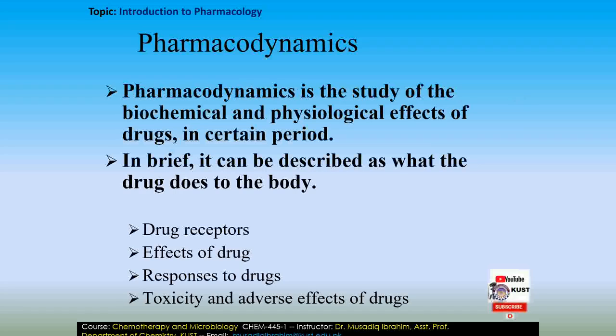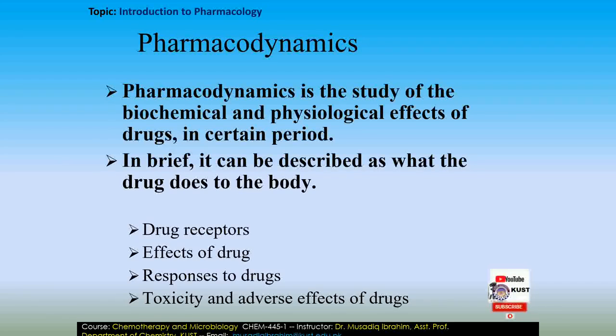So biochemical and physiological effects are described as follows. Biochemical is how the drug is interacting with the target bacteria or a part of the bacteria. And physiological effects are when the patient is feeling better as a result of taking the drug in a certain period, so there is a course of every drug or antibiotic, normally 5 or 6 days.